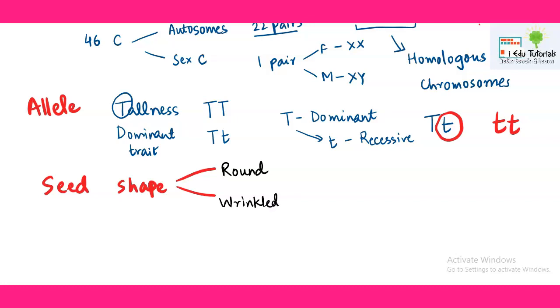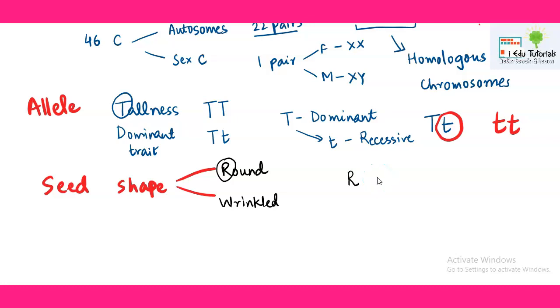So this character must be located on the genes only, and that is why it was giving expression in the pea plant. So how do we find out what the alleles would be? Now see here, dominant is the round one. So one thing is sure, that to show the alleles we would be using which letter? Yes, we would be using R.